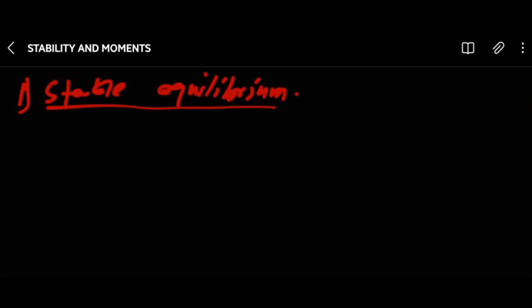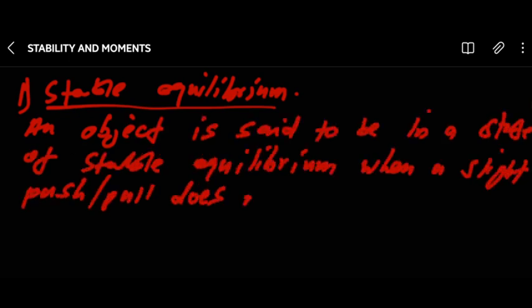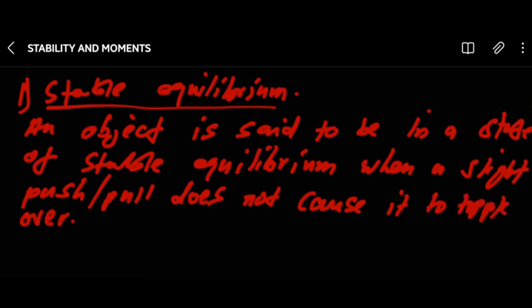When you administer a slight push to an object and it doesn't topple over, then we are saying the object is in a state of stable equilibrium.